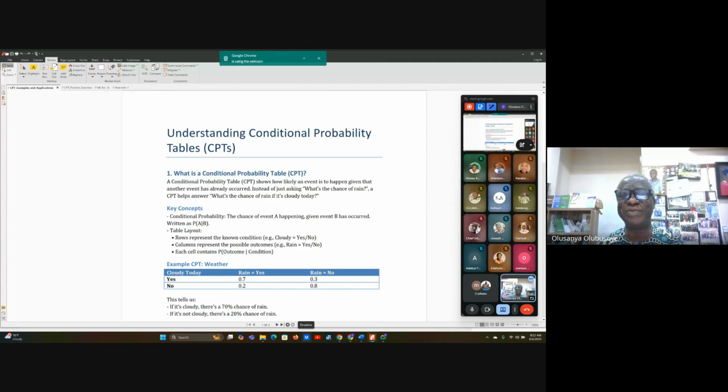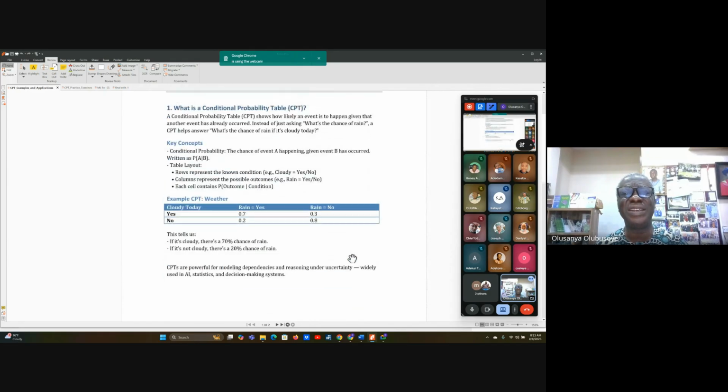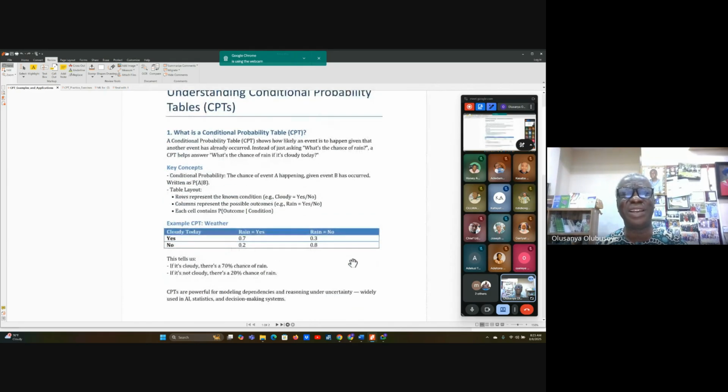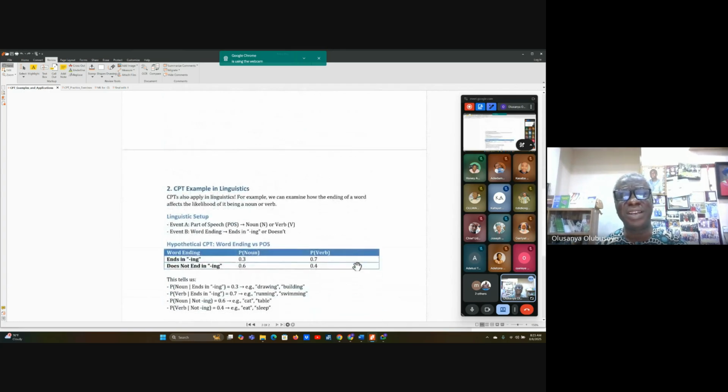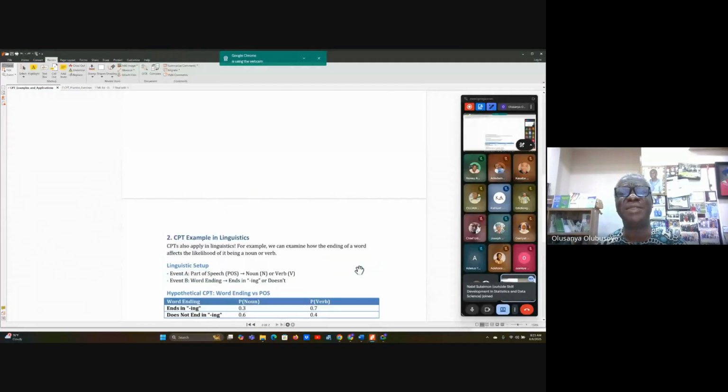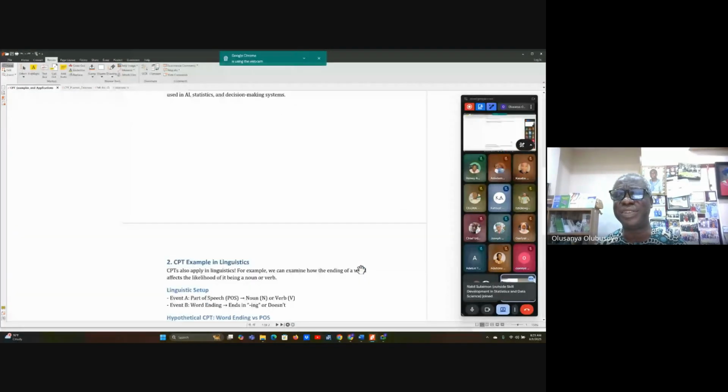Because of the nature of the class, we are going to look at two examples, one in the area of environment and nature, and then the other one will be connected to linguistics, so that our friends in linguistics will have a better appreciation too.